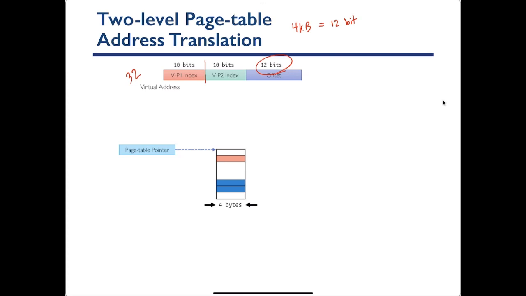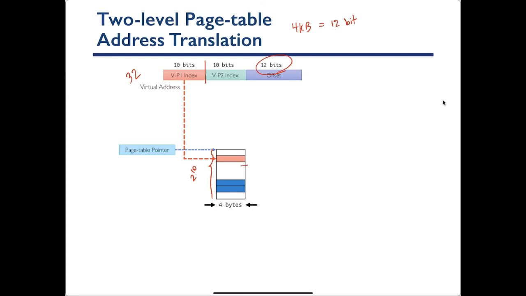Now, when I'm translating, what is going to happen? I'm going to take the first index and go to my first level page table. How many entries do I need here? Well, I need 2^10 entries here. Compare that to a flat table, where I would have had one table with 2^20 entries. Because I cut it to 10 bits, now I only need 2^10 entries.